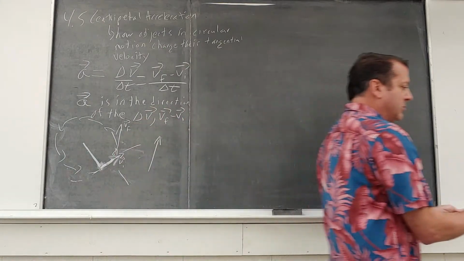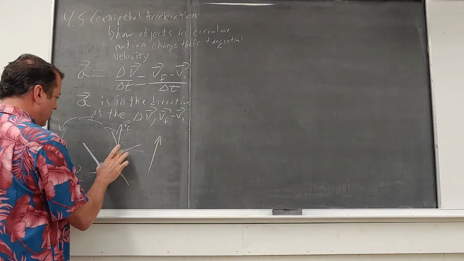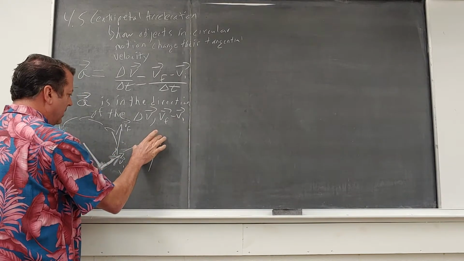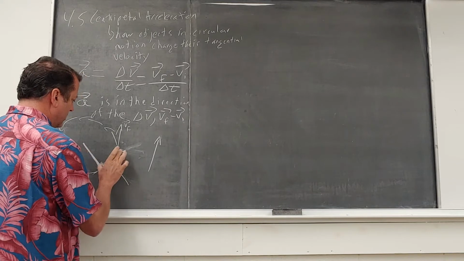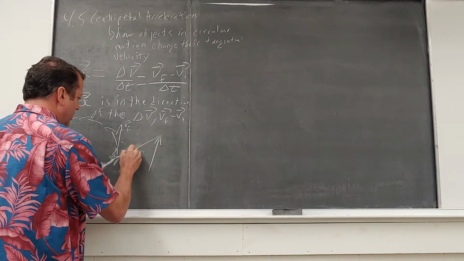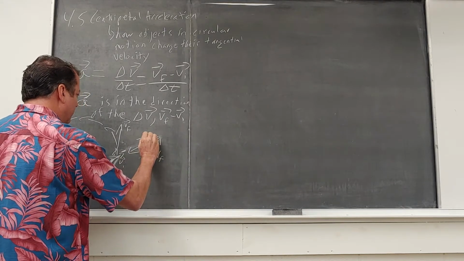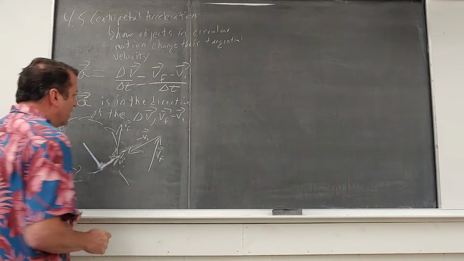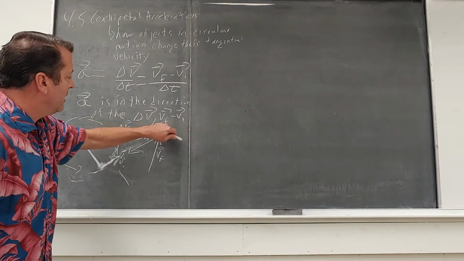This way, what's the opposite direction? Back the other way. Okay? So here, I'm going to put it here. So this is V final. This is minus V initial vector. Now acceleration then, it's going to be in the direction of these two summed up.